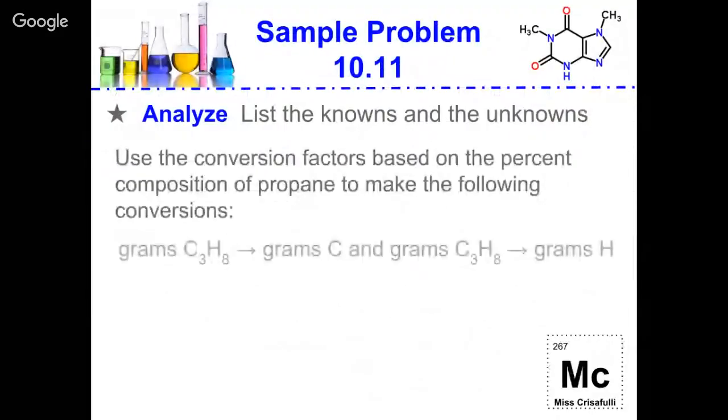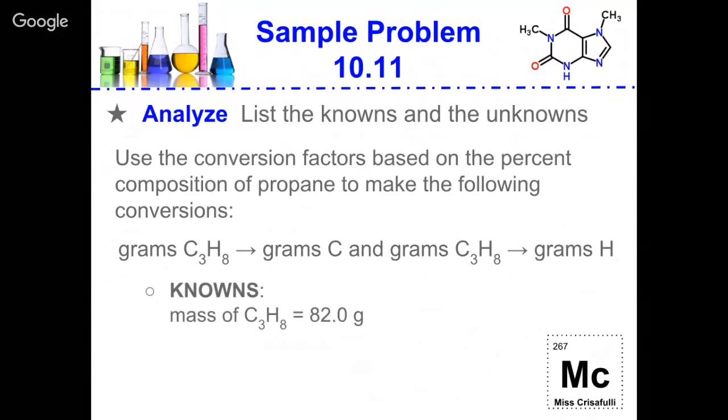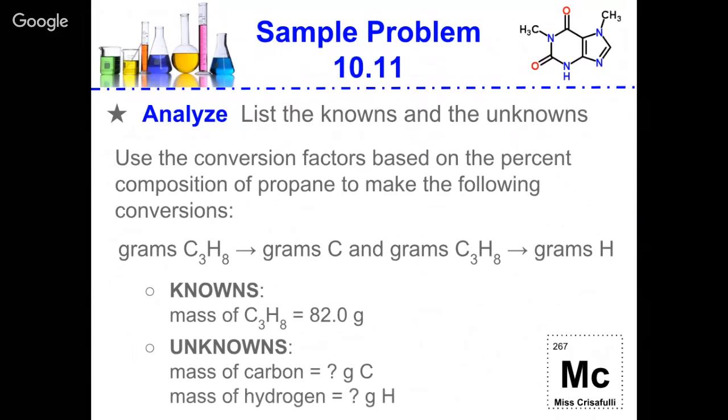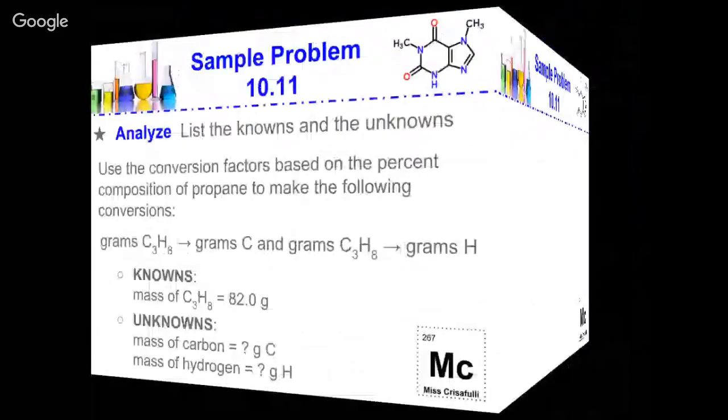If we were to list how we were going to do this, we would go from grams of propane to grams of carbon, and then go to grams of hydrogen. So we know the mass of the propane sample we have. We don't know the mass of the carbon, and we don't know the mass of the hydrogen, but we do know from the problem before what the percentages of each are.